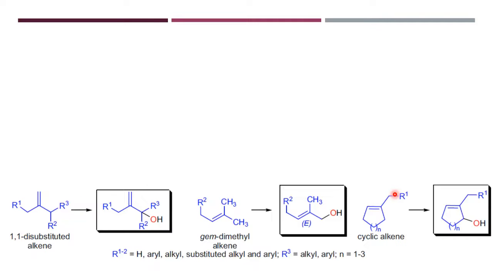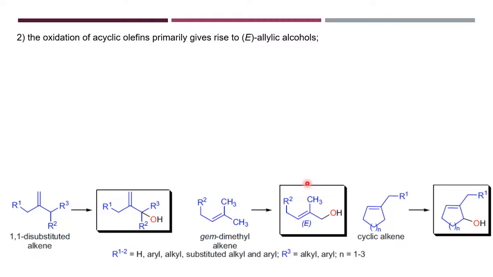Now, here we can see again another case in which the oxidation of acyclic olefins primarily gives rise to E-allylic alcohols.